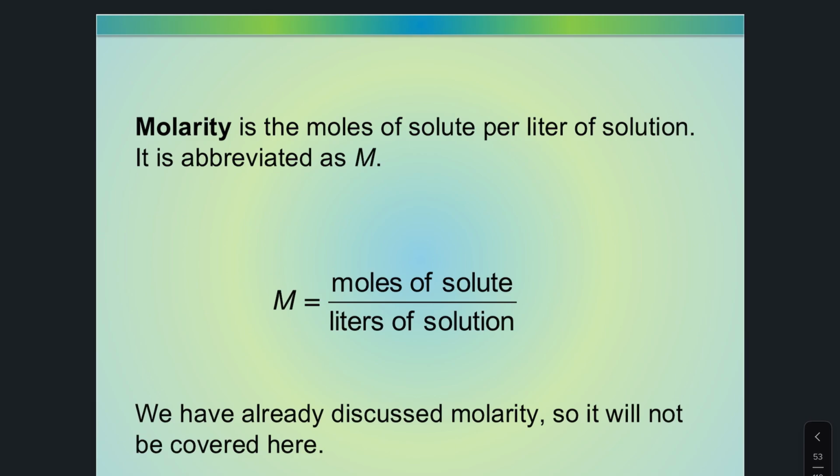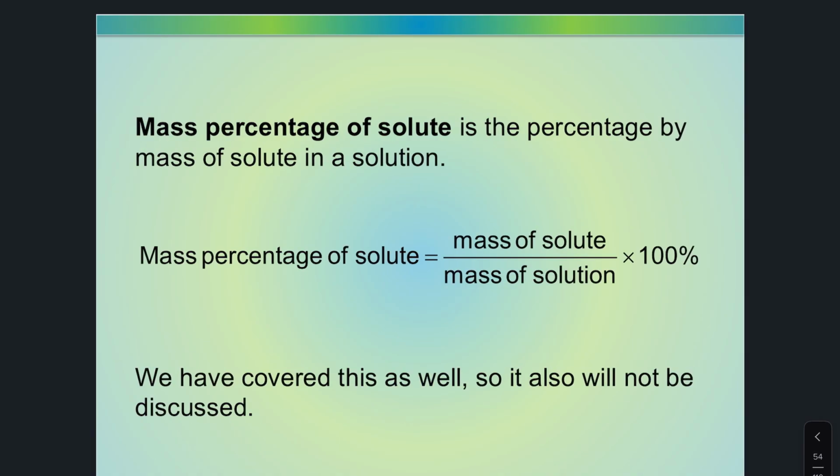So first, molarity, just as a refresher, molarity is an uppercase M, and it is measured by the number of moles of solute divided by the number of liters of solution. It's the concentration of a solution.